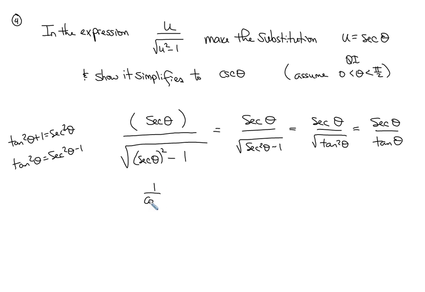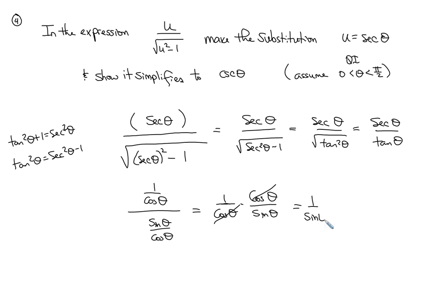So secant is 1 over cosine theta divided by tangent, which is sine theta over cosine theta. We don't divide by fractions. We multiply by the reciprocal of the denominator. When you do that, this just becomes 1 over sine theta, which we know is cosecant theta.